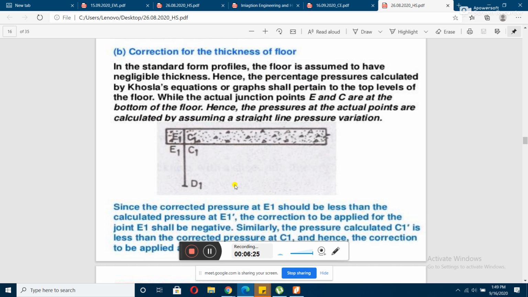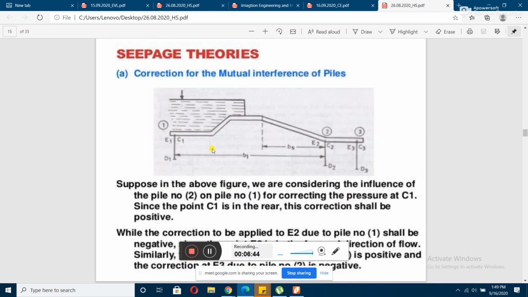Similarly, regarding the thickness of the floor, I have told you, we are considering only the floor as a horizontal sheet, just a horizontal sheet of negligible thickness. So this E1 dash, C1 dash, these have been found out, but actually what we need to do is find out this E1 and C1.